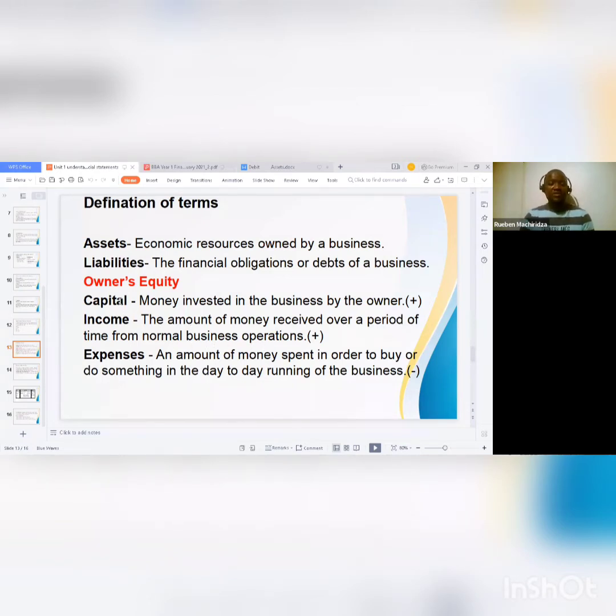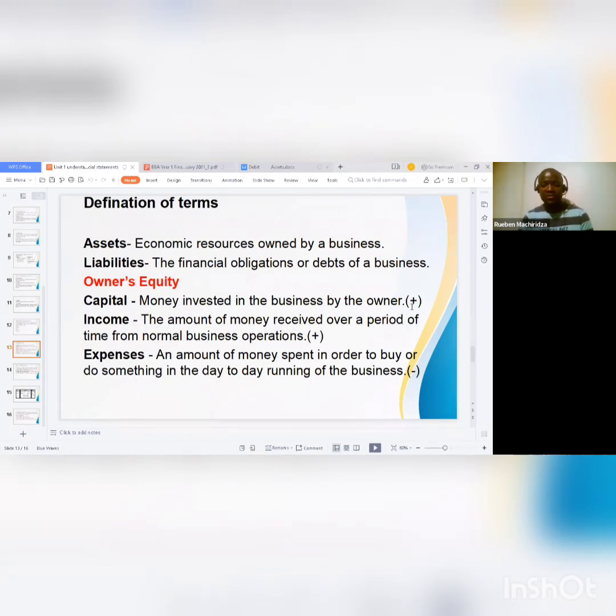So the income that we find on owner's equity is the amount we receive from normal business operations. As we conduct business, we expect to generate revenue. We expect to generate income. We expect to generate money. That money is the income that I'm talking about as an owner's equity.